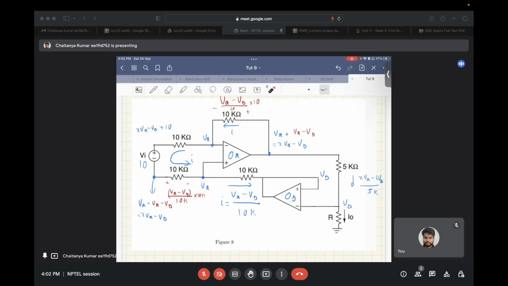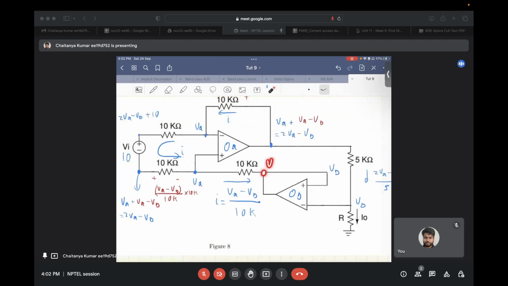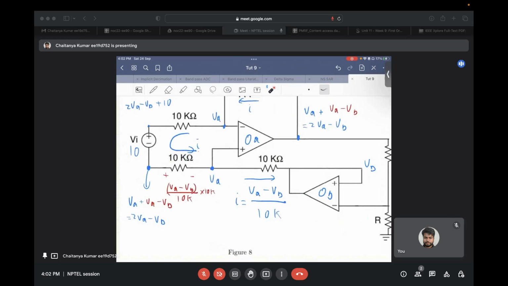So now we need to solve this network. This node is at voltage VB, and this node is at voltage VA. So the current that is flowing through this 10 kilo ohm resistor is (VA minus VB) by 10 kilo ohm. And since no current can flow in this direction, all the current that is flowing through this 10 kilo ohm resistor will be the current that is flowing through this 10 kilo ohm resistor as well.